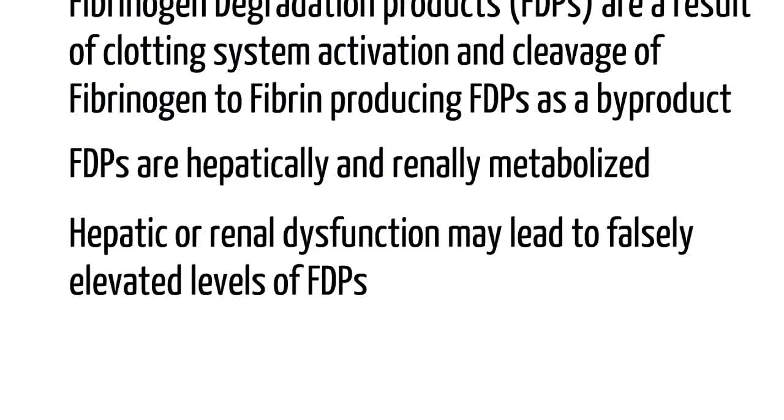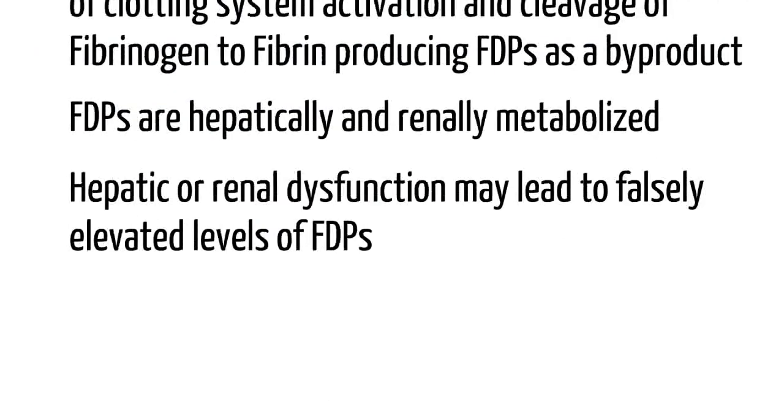The reason we measure fibrinogen degradation products in DIC is that if the body is activating the clotting system at a very rapid rate, fibrinogen is becoming converted to fibrin very quickly, producing a lot of fibrinogen degradation products. So if the FDPs are high, we could infer that the clotting system is undergoing a massive activation.